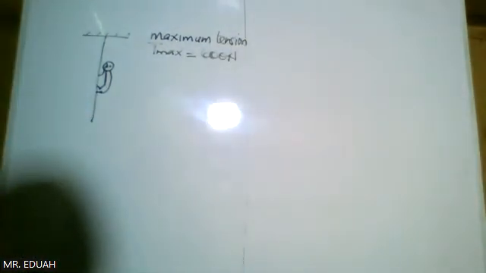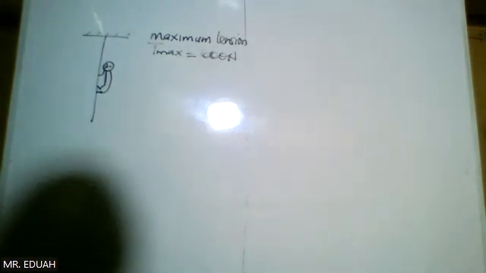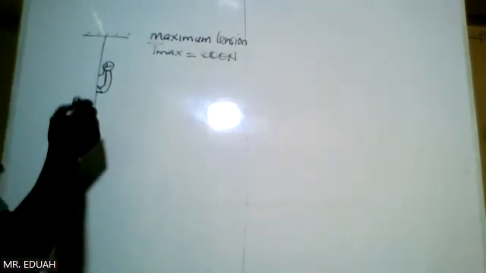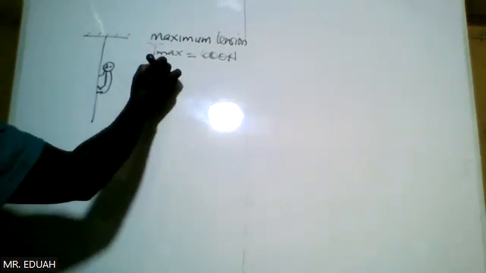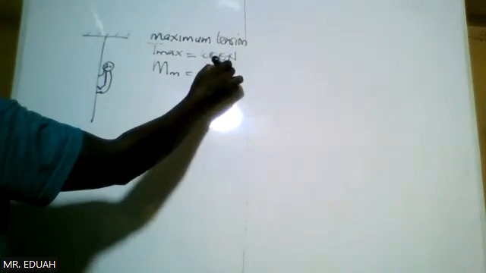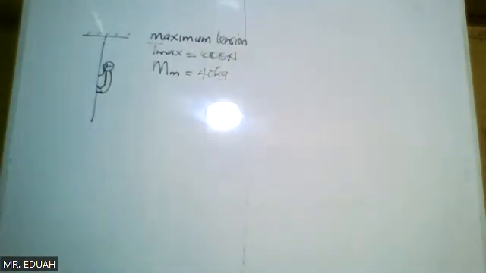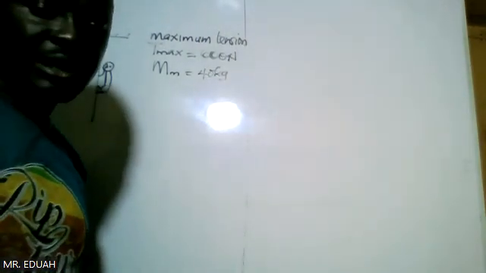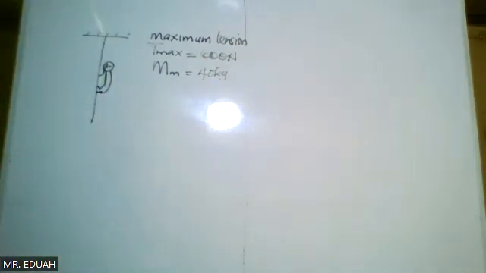And the mass of the monkey is 40 kilograms. Of course, gravity is 10 meters per second squared.